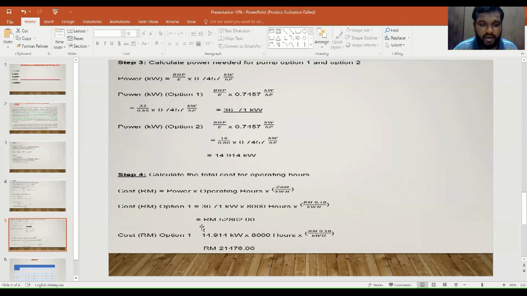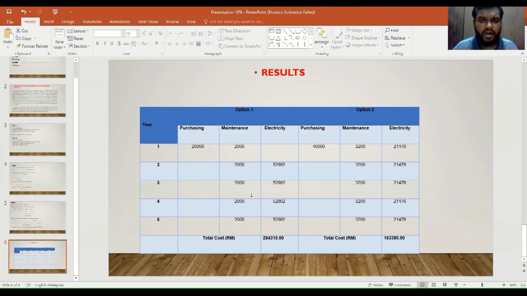So we get the result for option 1 and option 2. For option 1 the total cost is 293,310 ringgit. For option 2 we got a total of 163,383 ringgit for this calculation. That's all from me. Thank you.